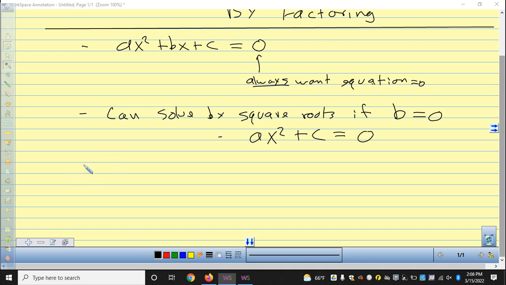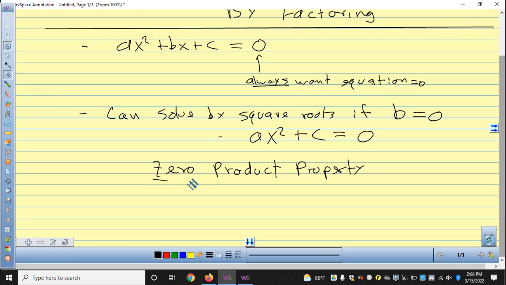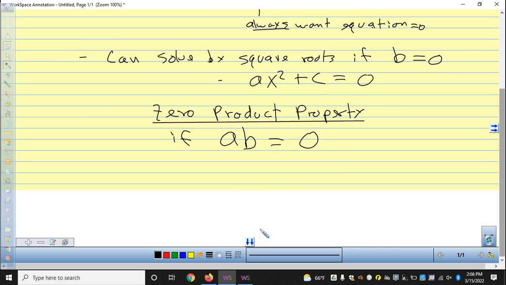An important tool that we're going to use for solving these is called the zero product property. The zero product property tells us that if a times b equals 0, we're multiplying two numbers together and we get 0, the only way that is possible is if a equals 0 or b equals 0.